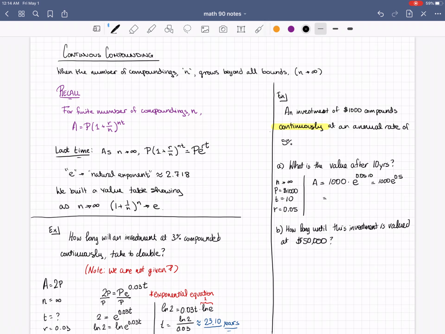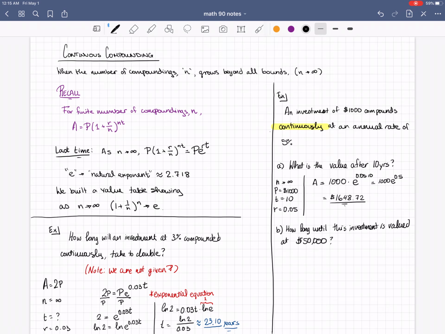So we have e to the power 0.5 times 1,000. Okay, so this is $1,648.72.